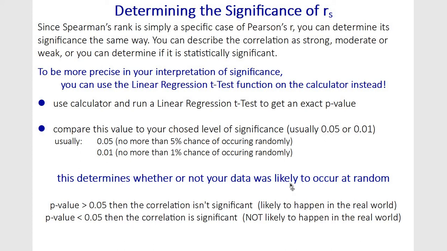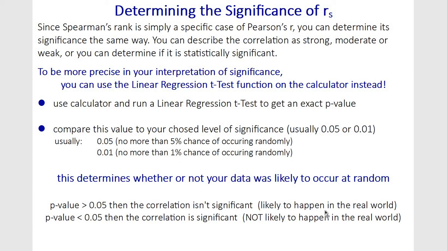What I mean by that is usually we say 5%. If it's less than a 5% chance of occurring, then that's really unlikely. It's not going to happen in the real world. But if it's more than 5%, then we say that it's likely to happen. That's usually the standard.